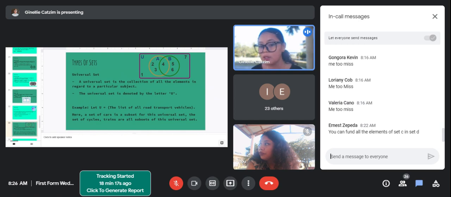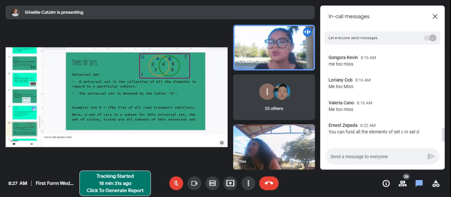We can have subsets of that, because if we have the set of cars, right? Let's put it, C is the set of cars, and U is the list of all road transport vehicles.